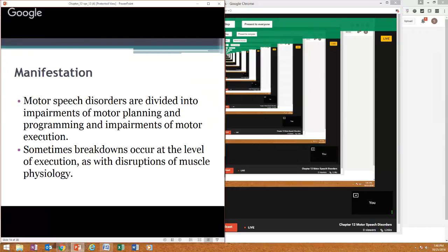Manifestation. Motor speech disorders are divided into impairments of motor planning and programming and impairments of motor execution.